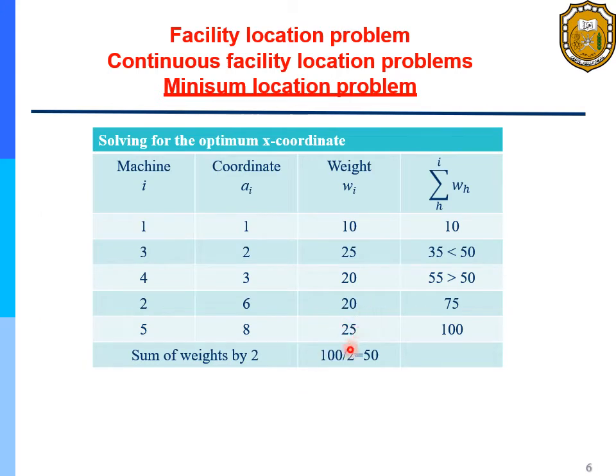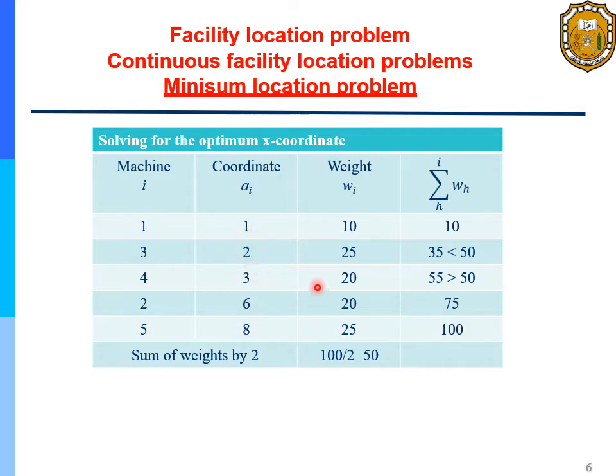In order to solve this, again, we will use the procedure that I summarized. We will be solving x and y coordinate problems separately. So this is the solution for the x coordinate. What do we do? We order the machines in ascending order of their x coordinates. So this represents the x coordinate, and we have a facility at coordinate 1, another facility in 2, 3, 6, and 8.